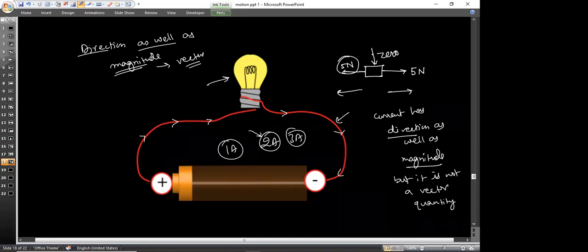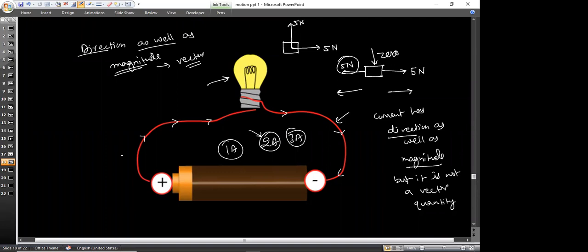Now suppose this is a box, and a person is exerting a force of 5 Newton in this direction, and another person is exerting a 5 Newton force in this direction. In which direction will this object move?